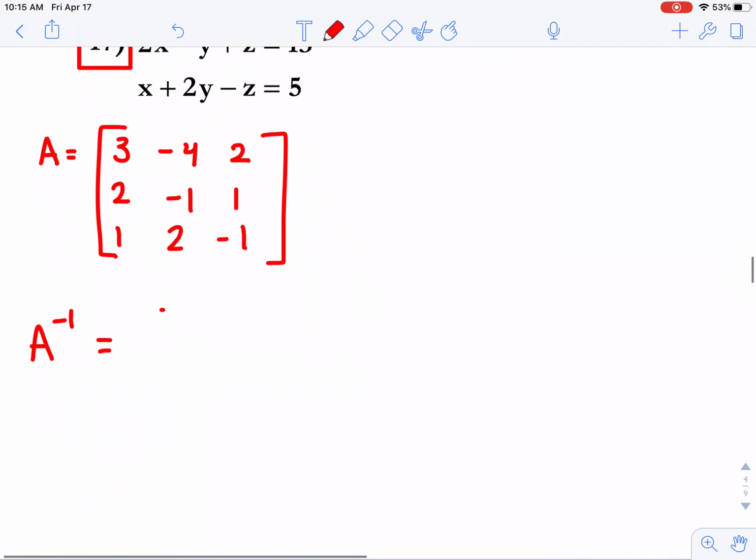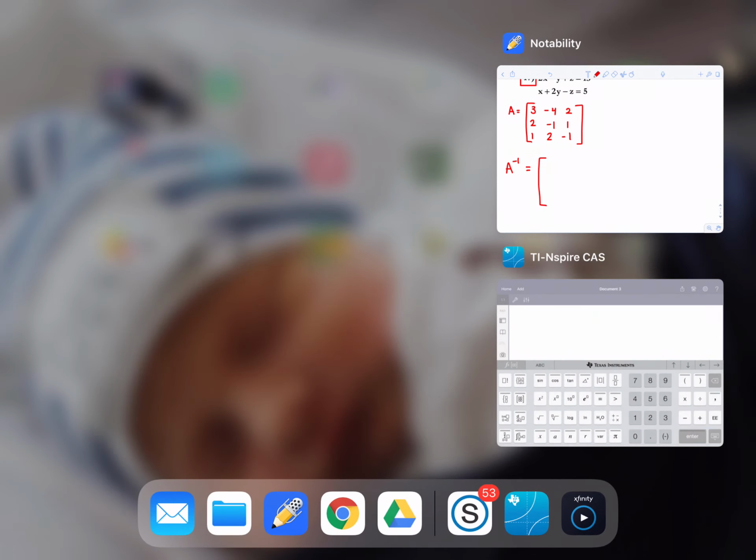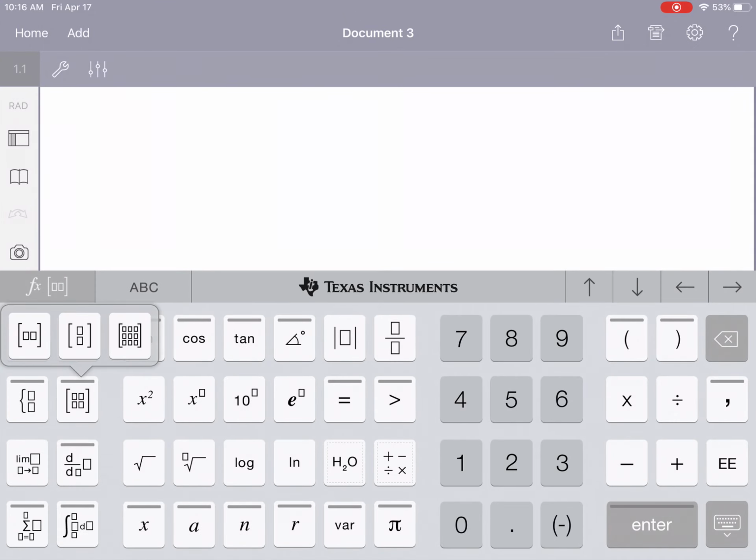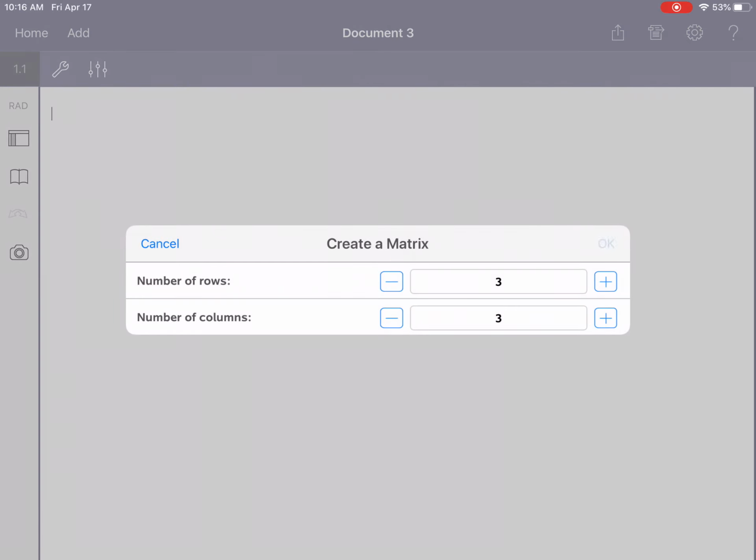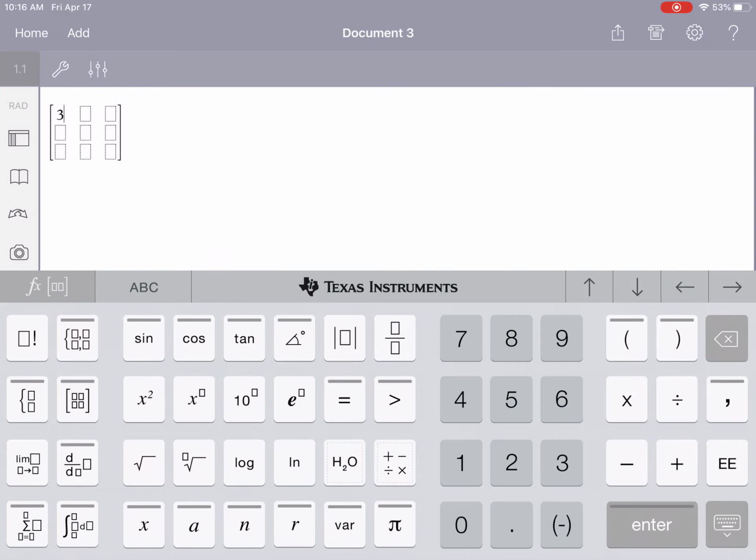I don't blame him. All right, so I'm going to go ahead and go over to the calculator to find the inverse. So we got 3, -4, 2. So we're going to go to the matrix. And we're going to do a 3 by 3. 3, -4, 2.